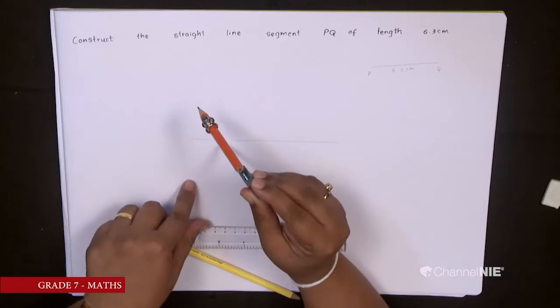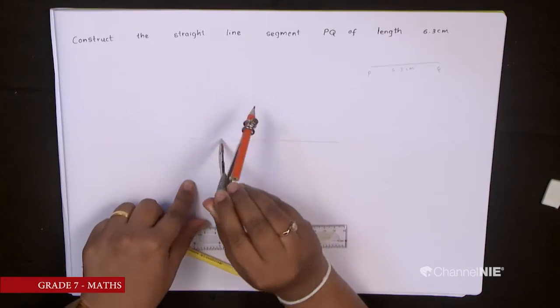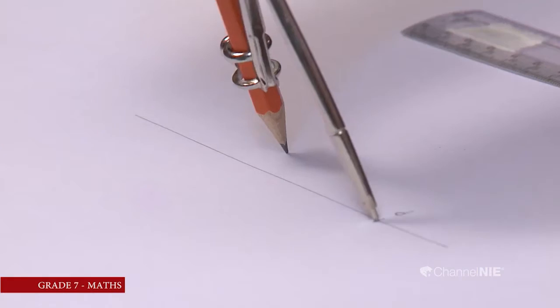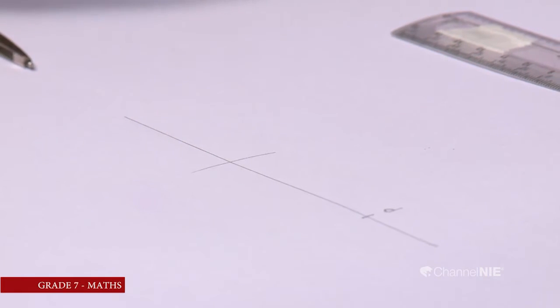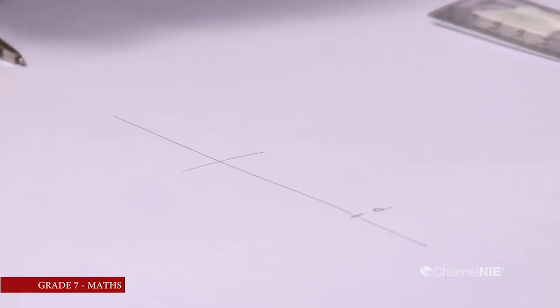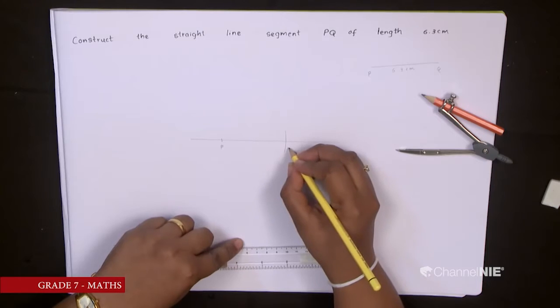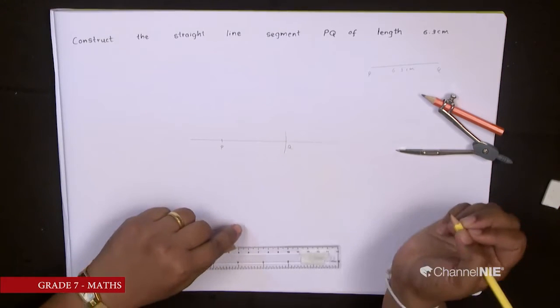So, I am going to place my pair of compasses on P, then draw an arc to intersect the straight line segment. Then we have constructed a new point. That point can be named Q. Right.